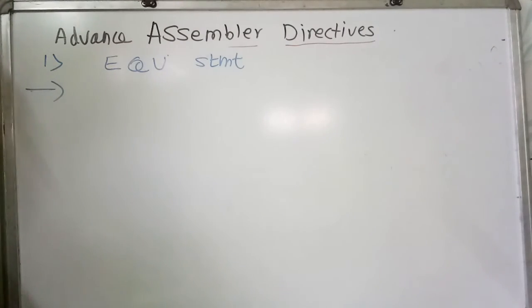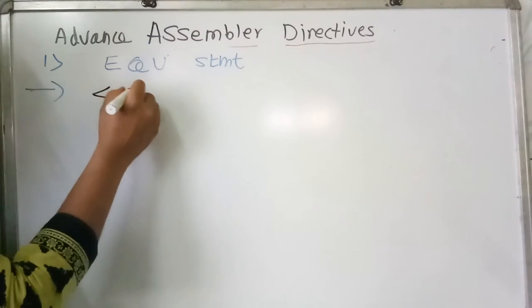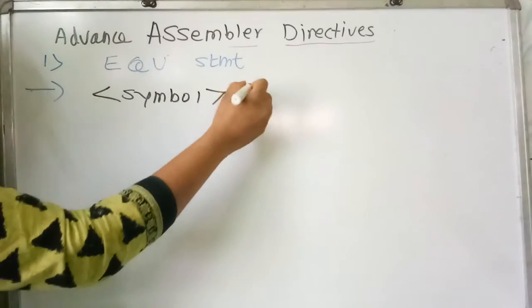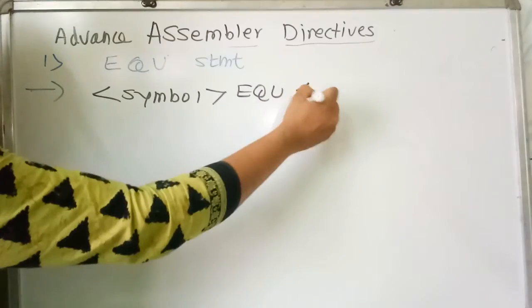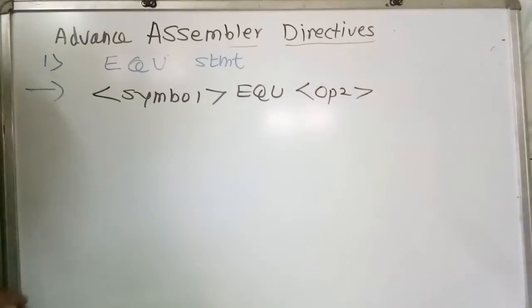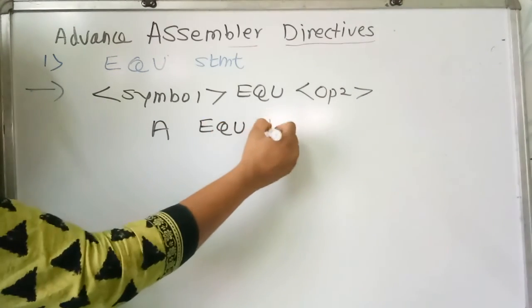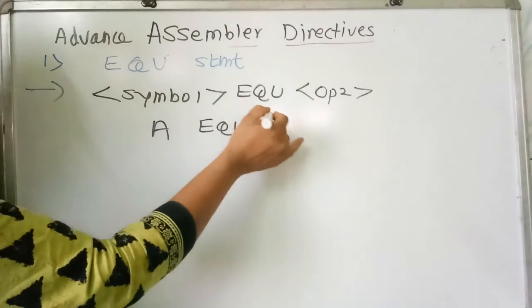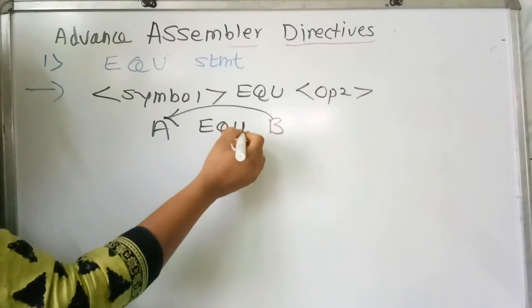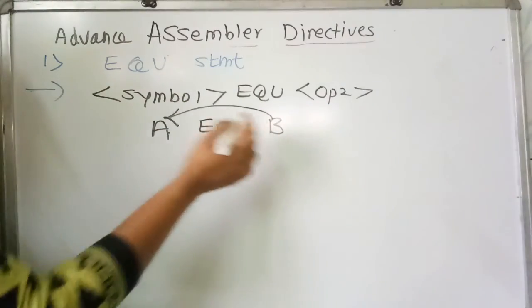The syntax is the first symbol, then you write EQU, then you write operand 2. The operand may be a constant, symbol or a symbolic expression. For example, symbol A, EQU B. What does this indicate? The address of B is assigned to A in the symbol table. Means this address is copied into A.